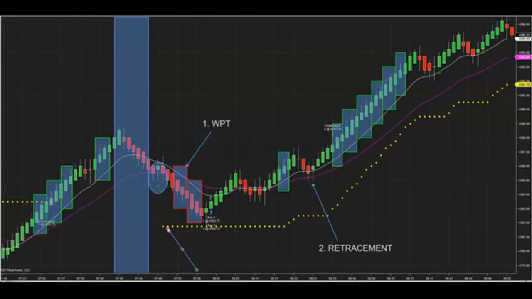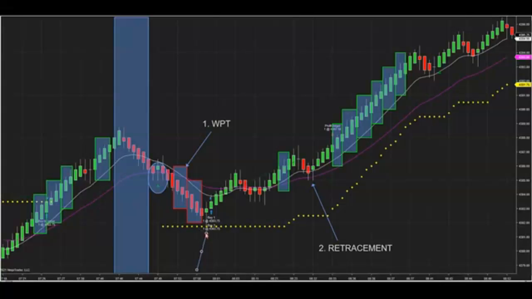So to qualify the trade, we want to have the ATR start printing, and then we want to see these opposite color speed bars against the ATR trend. That's called a WPT, catching the wrongly positioned traders. So we had a big sell volume coming into the market. It's catching these traders short, and we're going to go the opposite side of them.